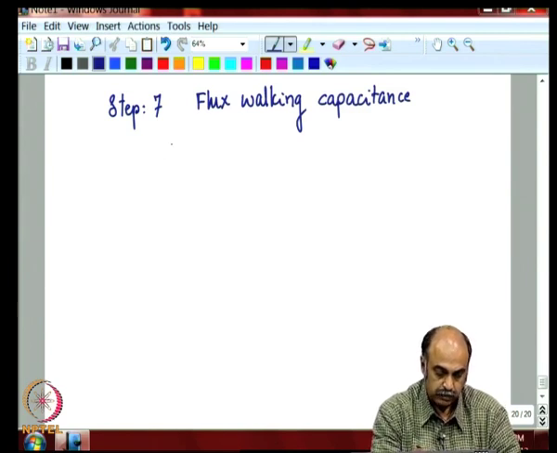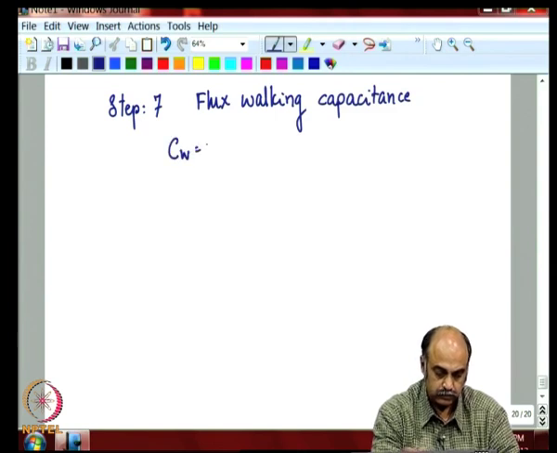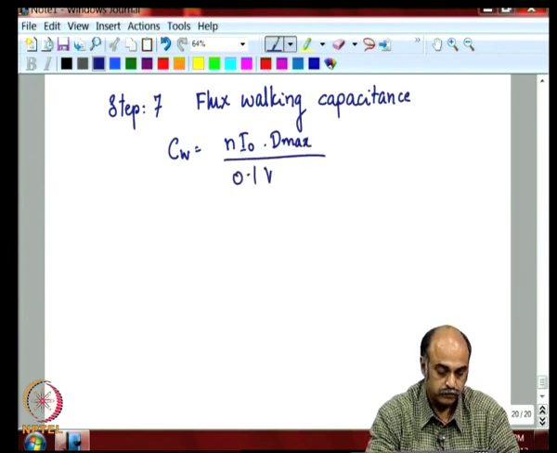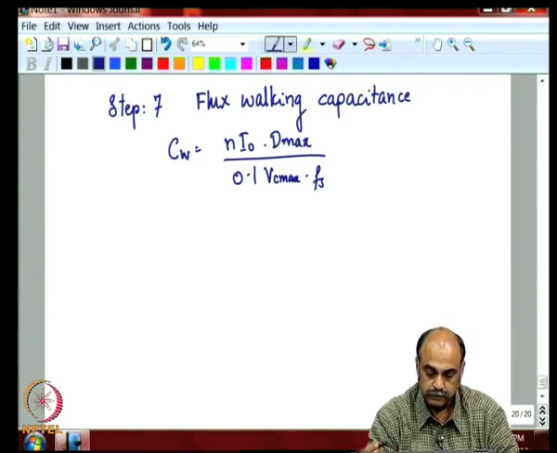So, the flux blocking capacitor can be designed by allowing some 10% drop across it, and this.